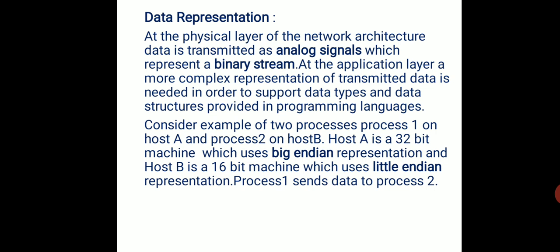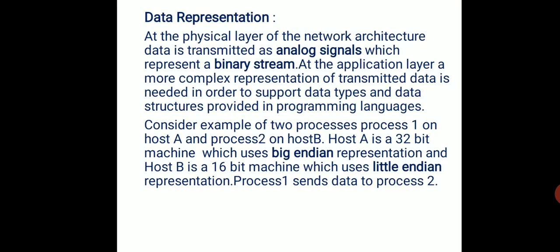Here, data representation. At the physical layer of network architecture, data is transmitted as analog signals which represent a binary stream. In the OSI reference model we have 7 layers.